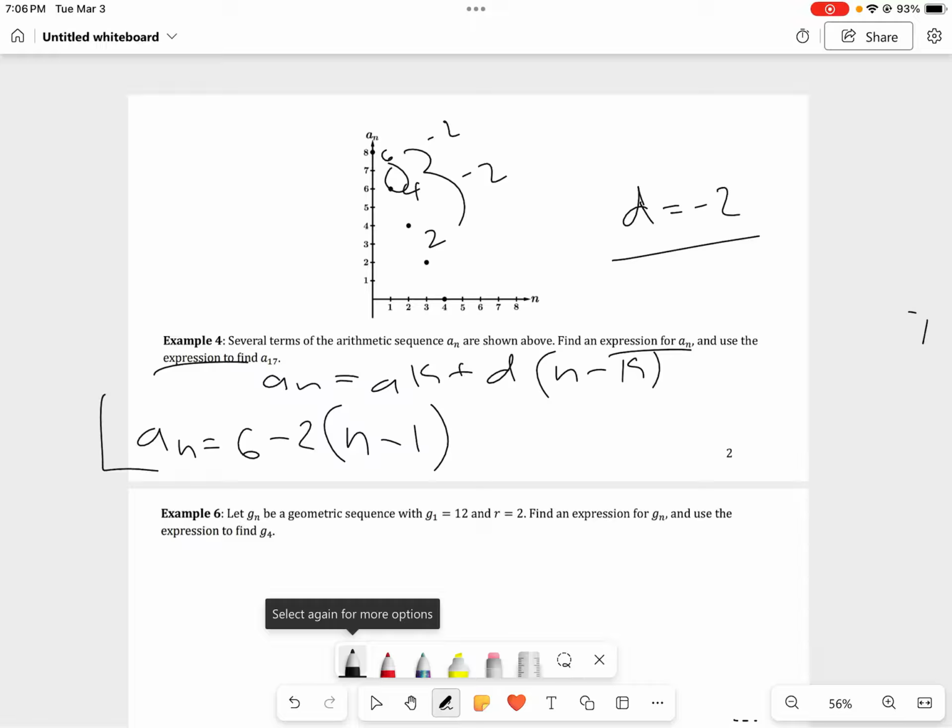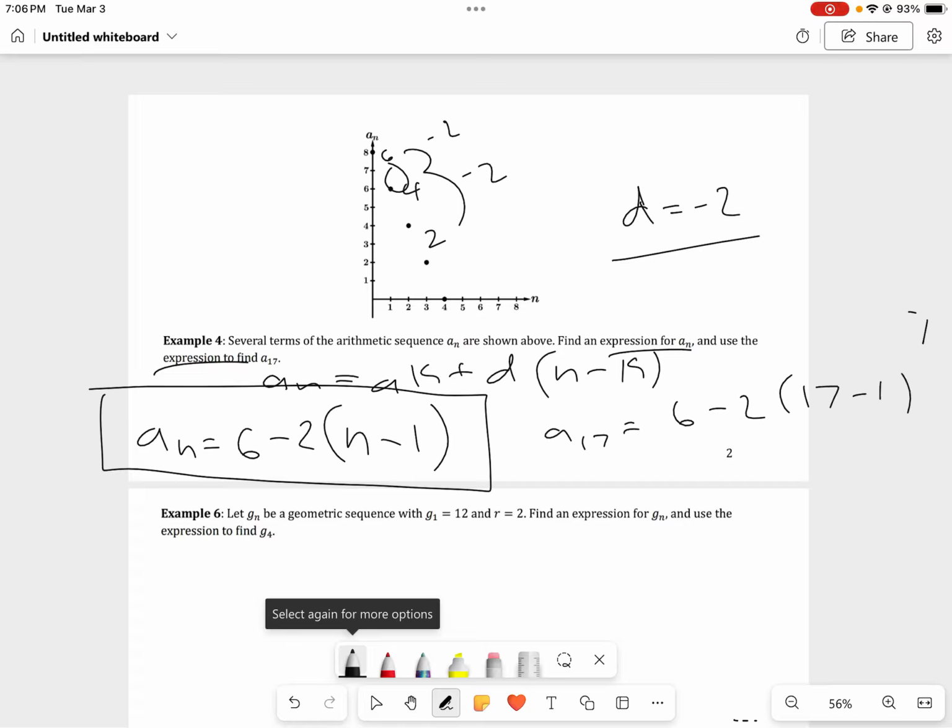So that's the equation, and it wants us to find a of 17. So we just plug it in. That's 6 minus 2 times 16, 6 minus 32, which should be, we write it right here, 6 minus 32 is what? -26.